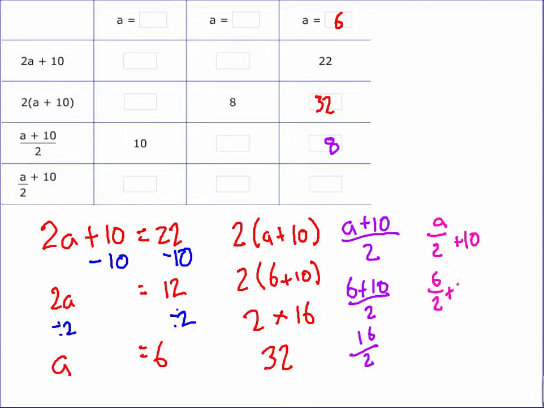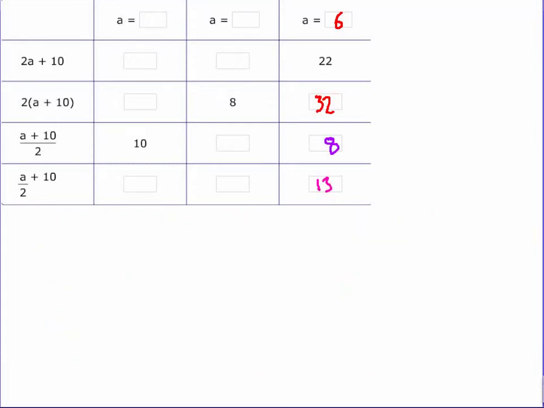If any of that doesn't make sense, just go back over it. We're now going to look at the second column here, and so 2 open brackets A plus 10 equals 8. Well, the first thing I do is expand my brackets. So 2 times A is 2A, 2 times 10 is 20.